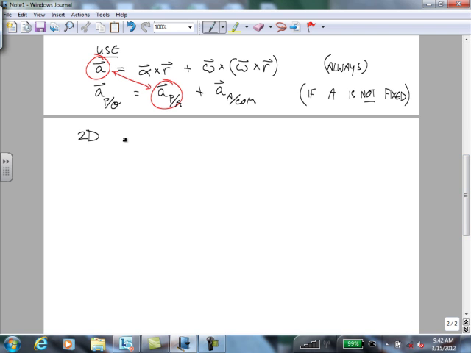So a pin or a hinge usually is drawn something like that. This is contact where friction is assumed.